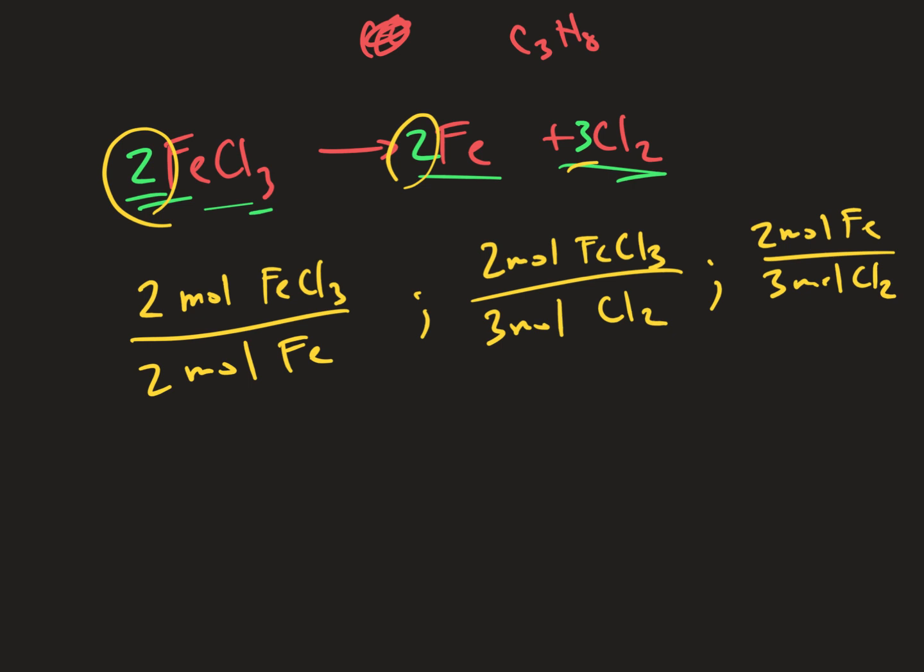Now you might ask, why would we want to even do that? Well, it takes iron 3 chloride to get iron and chlorine. Can we predict how much iron we make? Or maybe better yet, what if we need 5 grams of iron to actually use somewhere, right?